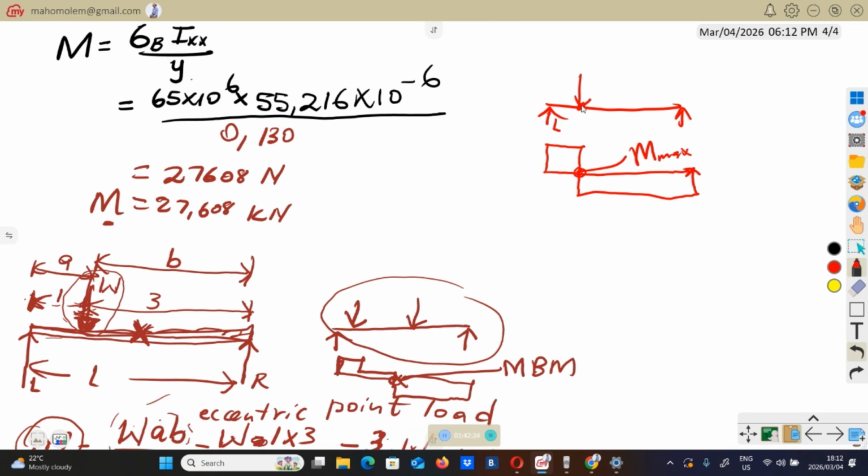So to calculate the maximum bending moment, we have to take moments here. We don't know this force L. You will say the maximum bending moment will be equal to this reaction here on the left hand side multiplied by the distance from here to there, which is 1.